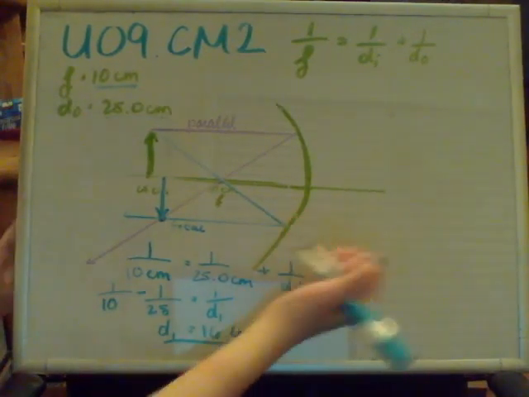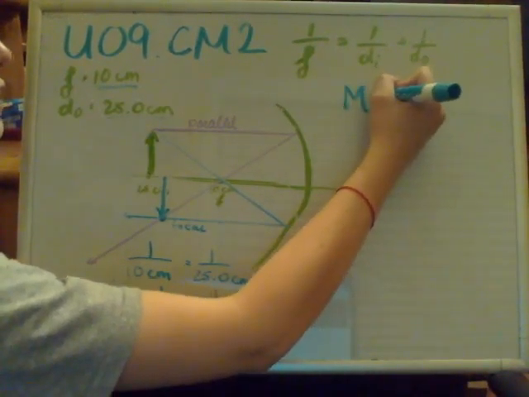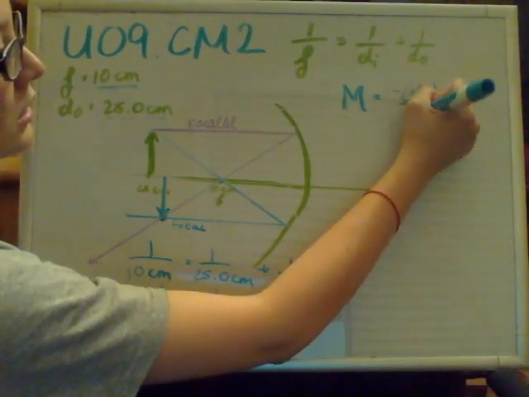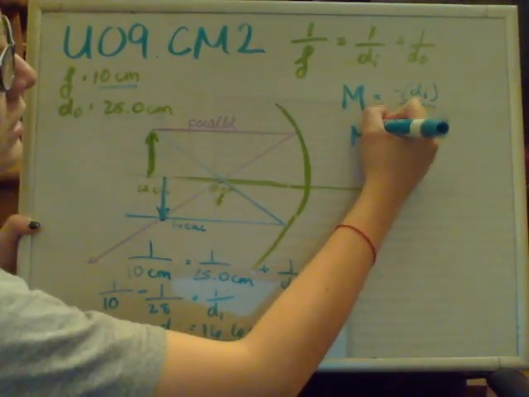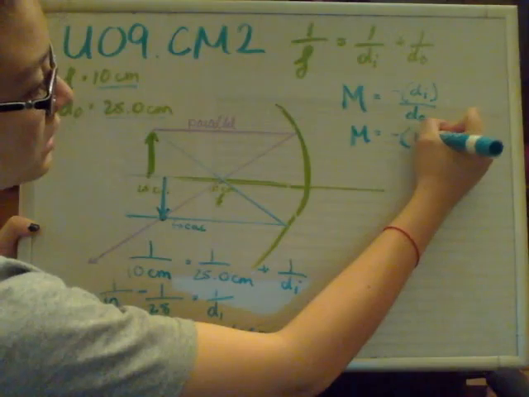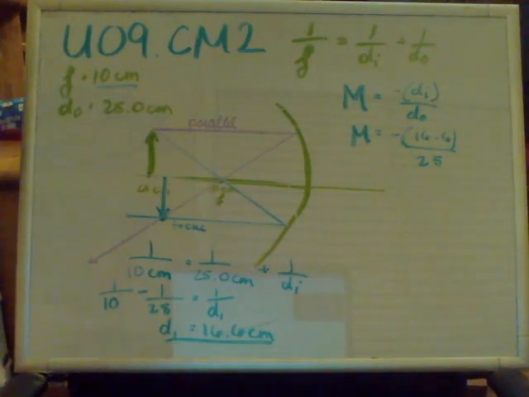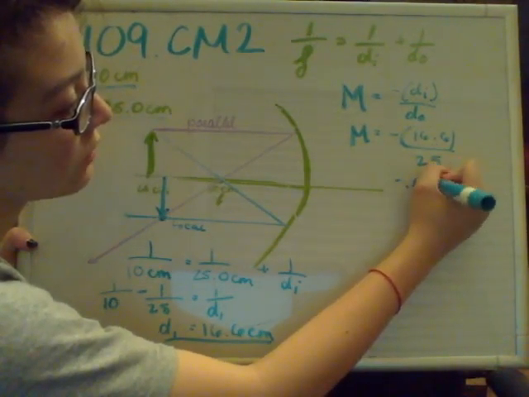Now we want to find the magnification. The formula for magnification is m equals negative the distance of the image over the distance of the object. So m equals negative 16.6 over 25, and that comes out as negative 0.644.